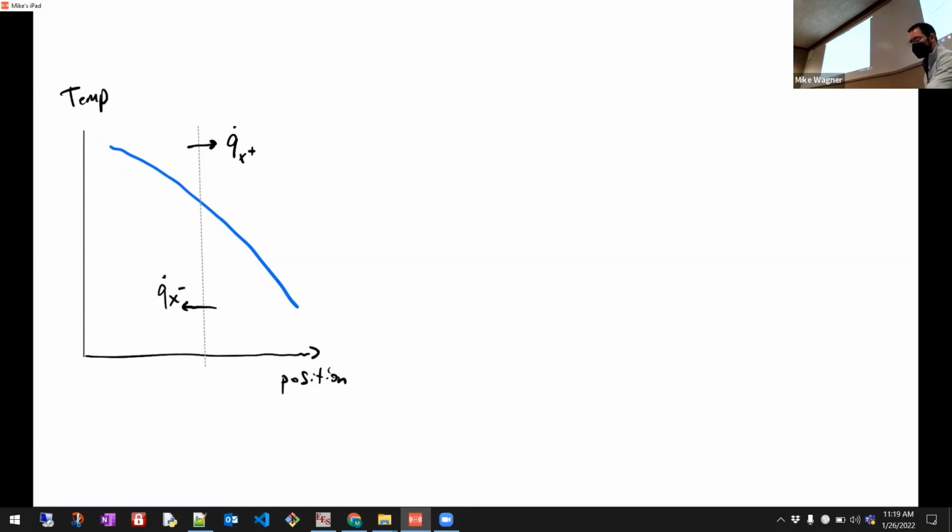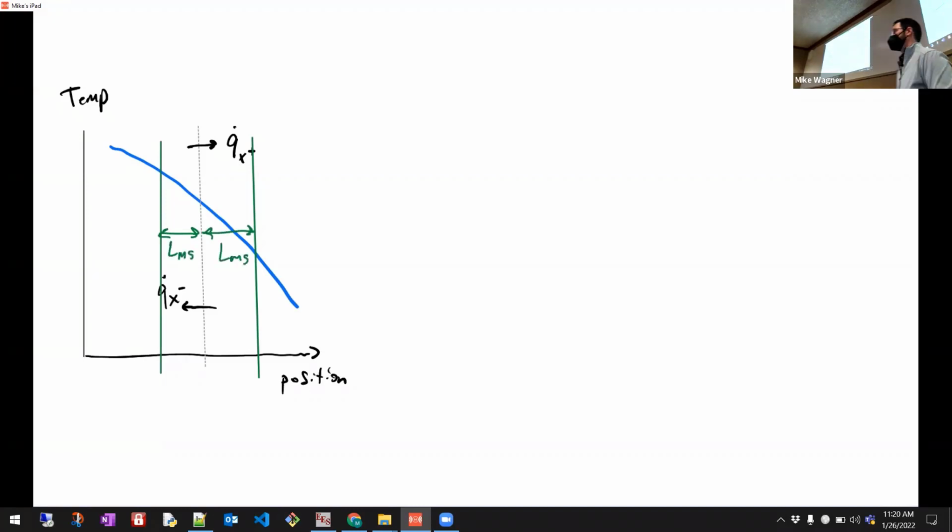Okay. But what we want to think about is the way that we arrive at Fourier's law. So let's draw this. I'm going to draw this boundary here. Let's imagine that there's a length, this same length despite my bad drawing, and we'll call this length LMS.